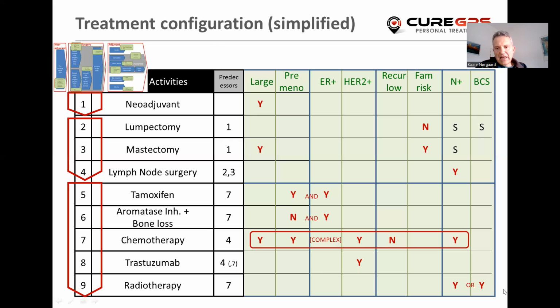So this whole matrix establishes the main configuration of the treatment, which you have to handle in that tool and which an oncologist has in his or her head. So the tool must be able to handle this complexity and everything that lies beneath it.